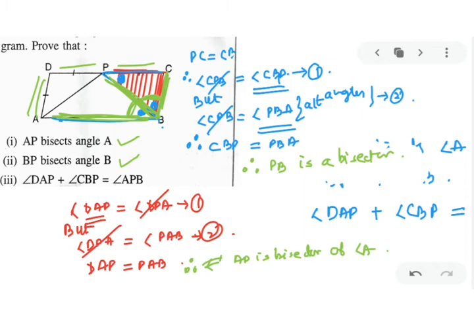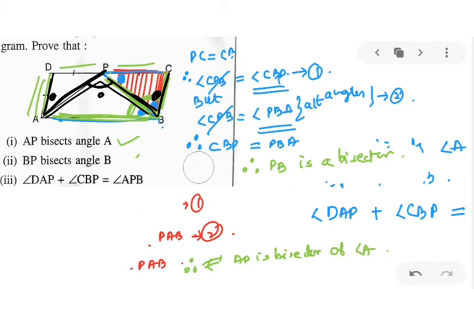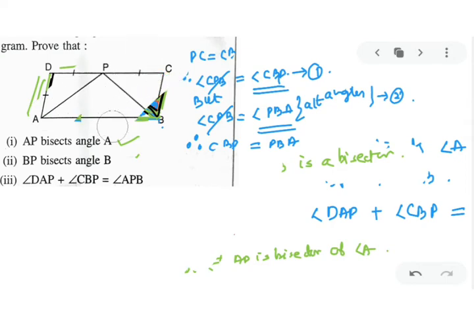For your third, you have DAP plus CBP. This angle, I'll mark with black. DAP plus CBP is equal to APB. That means this angle plus this angle is equal to this angle. How will we do that? Now you have already proved that AP and PB are angle bisectors.